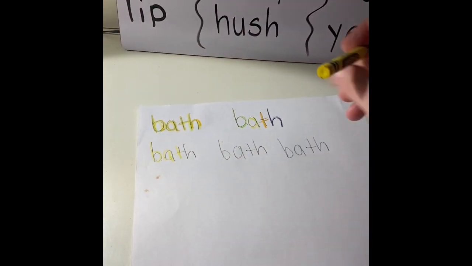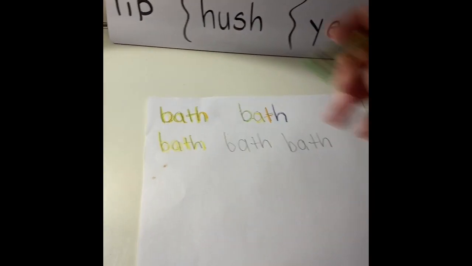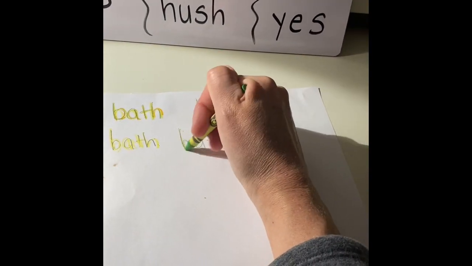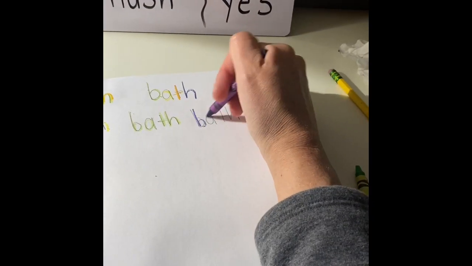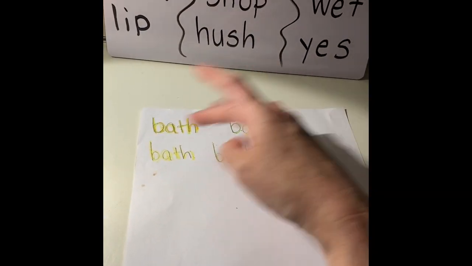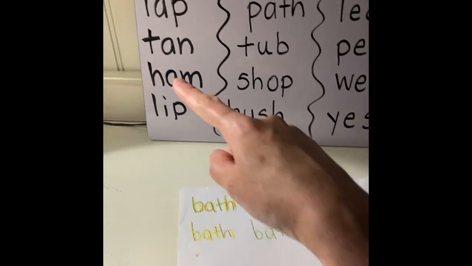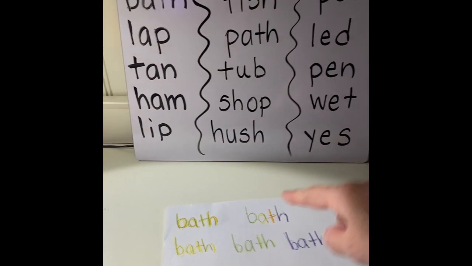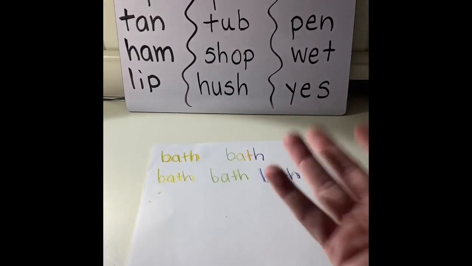So if you want to do it this way, you can write the word bath in yellow, then write the whole word bath in another color, and then I write the whole word bath in another color. I do it 3 times. So those are just 3 different options of how you can practice writing your words with rainbow writing. You can practice all of these words in some sort of rainbow writing method, whichever you choose.